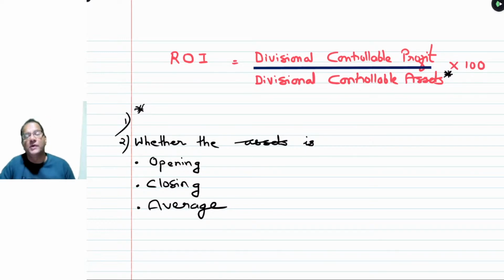The third point is, regarding the fixed asset that we have talked about, whether that fixed asset is after deducting depreciation or before deducting depreciation. Tell me, beta, whether that fixed asset should be after deducting depreciation or before deducting the depreciation charge.